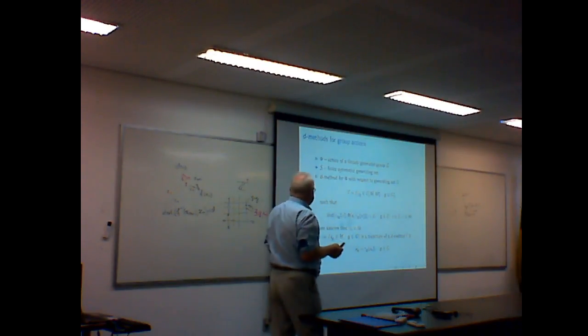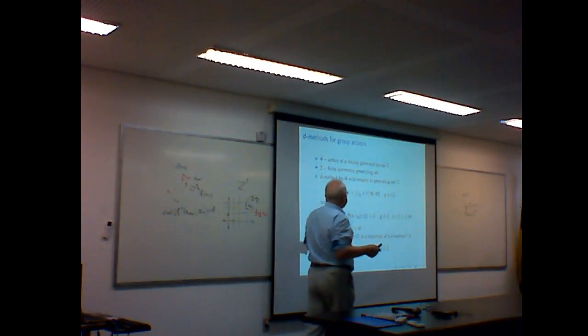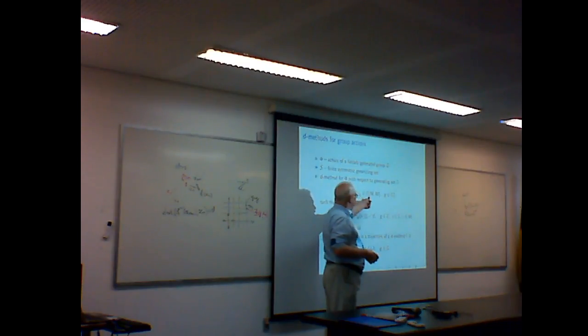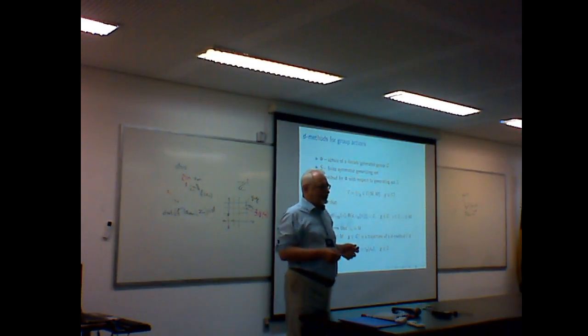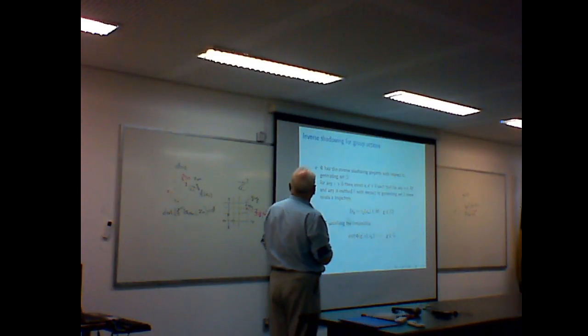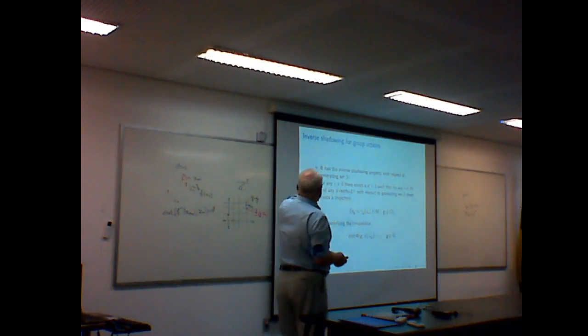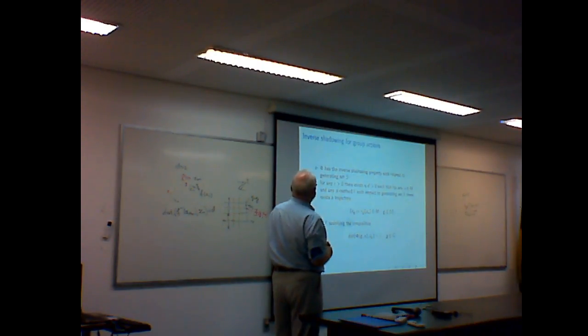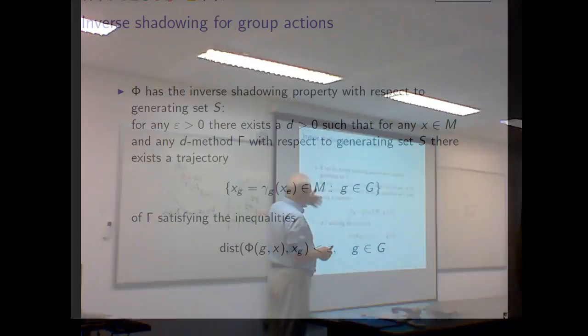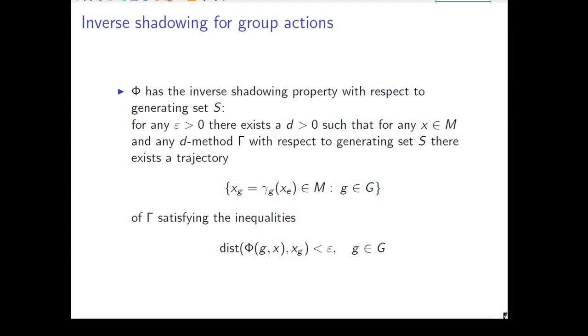But an analog of this is impossible when you pass just to continuous maps. Well, I'm sorry, I had to define an analog. So inverse shadowing for a group action is defined precisely in the same way as inverse shadowing for a dynamical system generated by a homeomorphism.